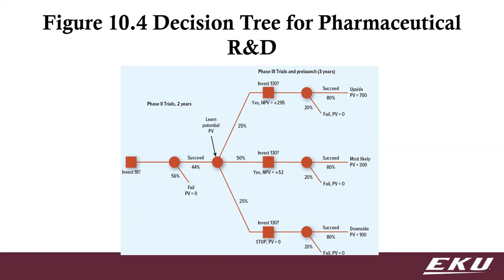We're in different states of the world, but we don't know which one. So we have to decide if we need to make this investment. And if we do, we get either success or failure from the final approval. Then you see what those outcomes are, and then we can calculate the present value today, given these probabilities.